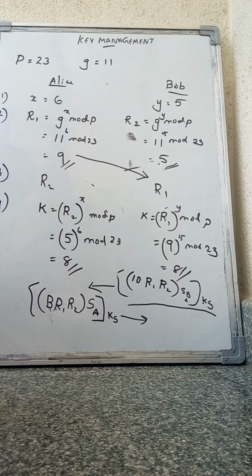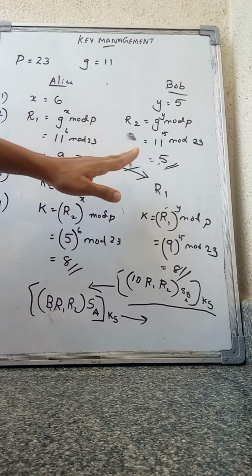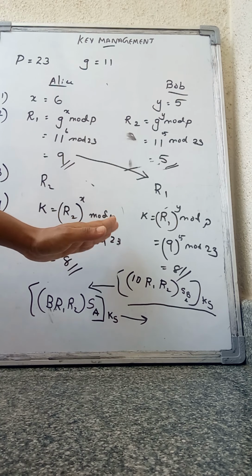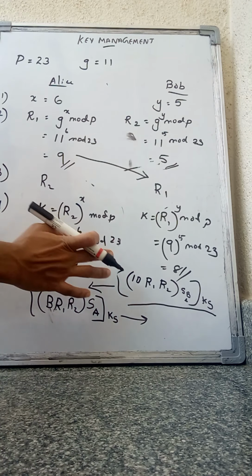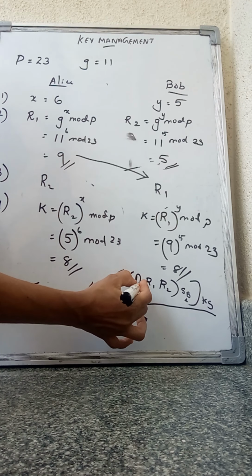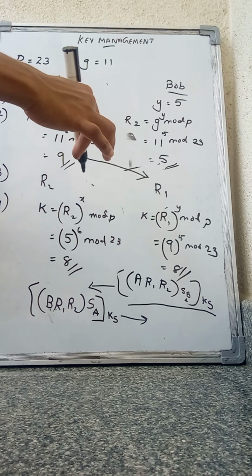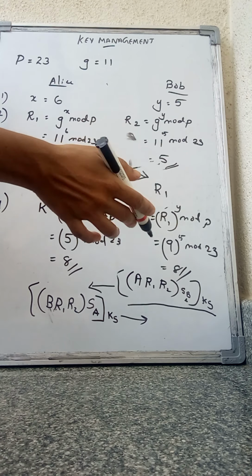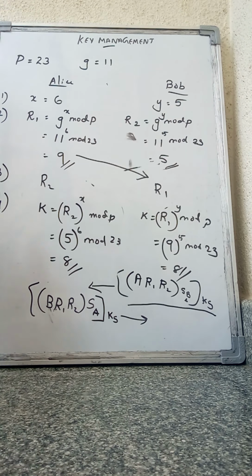So this is the additional step we have in station to station key agreement. Up to here it is the same, R1 is sent to Bob. Bob finds a session key, attaches the ID of Alice, R1 and R2, signs this message, encrypts it with the session key and sends it to Alice.